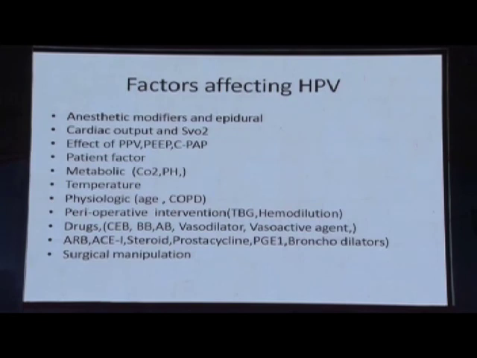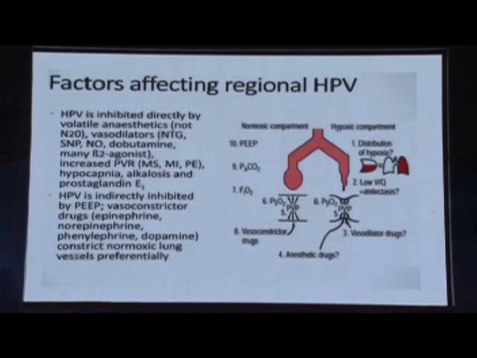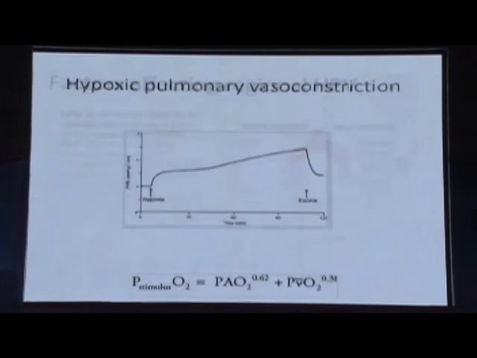There are multiple drugs listed which affect your hypoxic pulmonary vasoconstriction. And of course, surgical manipulation. The more surgical manipulation is done, the more it causes inflammation and release of more nitric oxide, prostacyclins and other mediators, endothelin and all that, and that will again worsen the hypoxic pulmonary vasoconstriction.